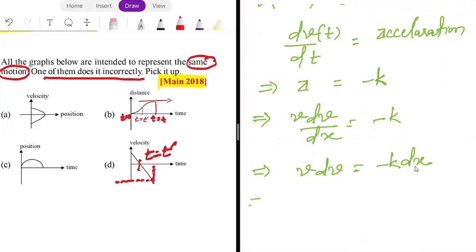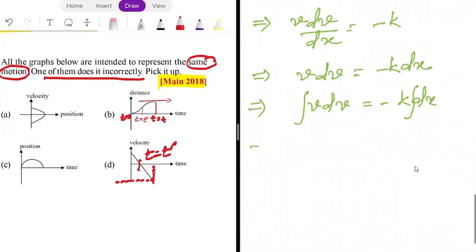Why are we doing so? We want to get velocity as a function of position so that we can get a velocity position graph, correct? So if you integrate both sides, your k is constant. This implies v square by 2 is equal to minus kx plus c. It's a parabola, which is rightly represented in option A.